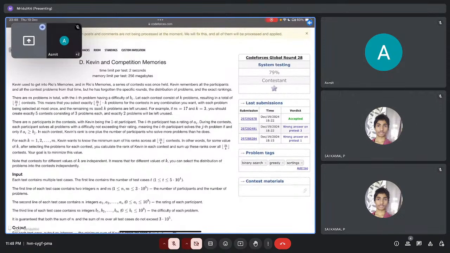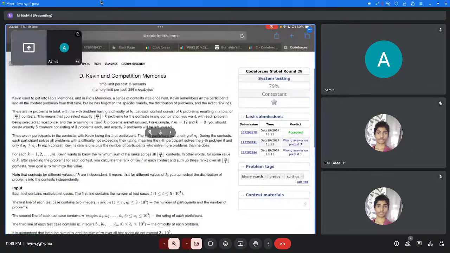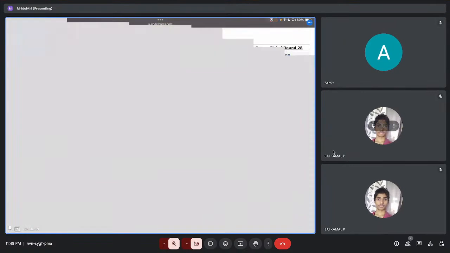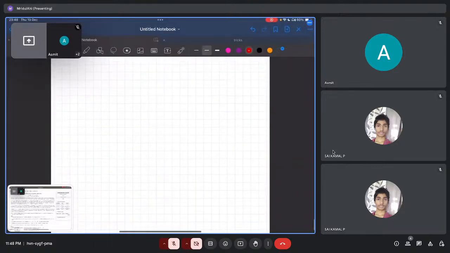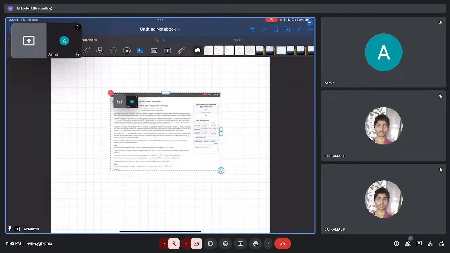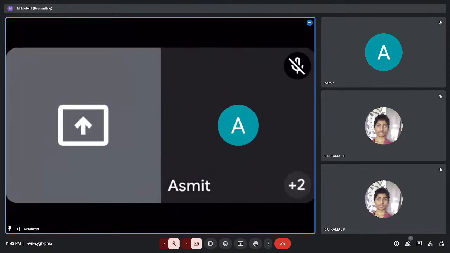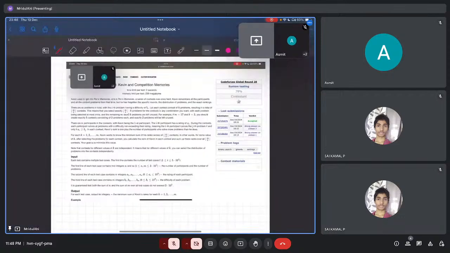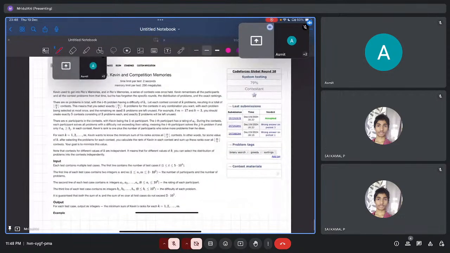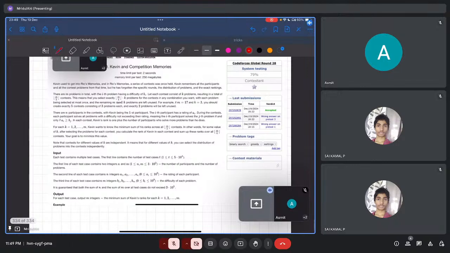Each participant has a rating a_i, and the difficulty of a problem is b_i. So for each k equals 1 to m, we have to take floor of m by k problems and make contests out of them.